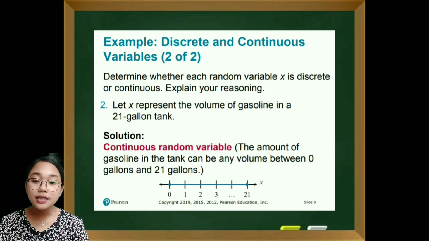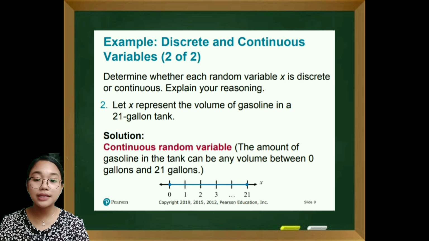Number 2. Let x represent the volume of gasoline in a 21-gallon tank. Solution: it is a continuous random variable. Why? Because the amount of gasoline in the tank can be any volume between 0 gallons and 21 gallons, and it cannot be counted.